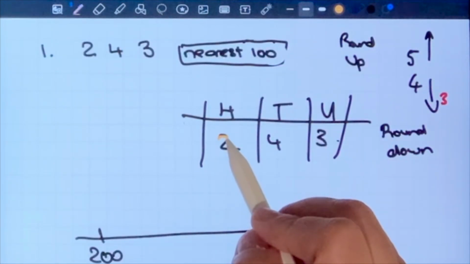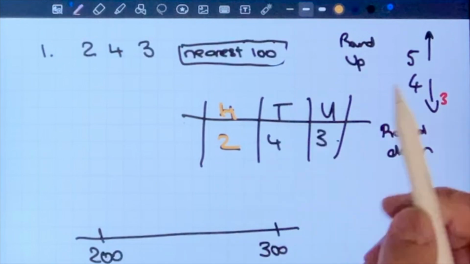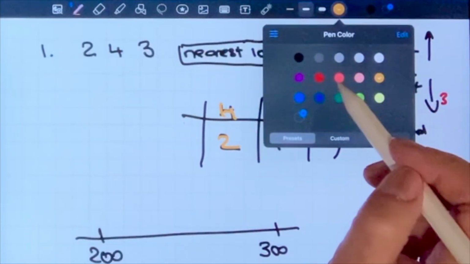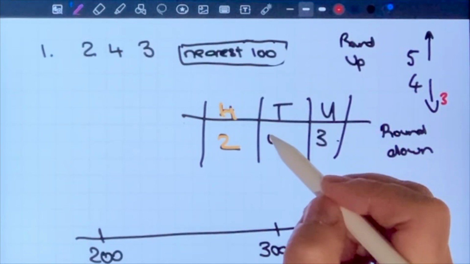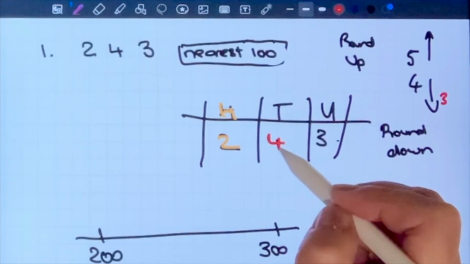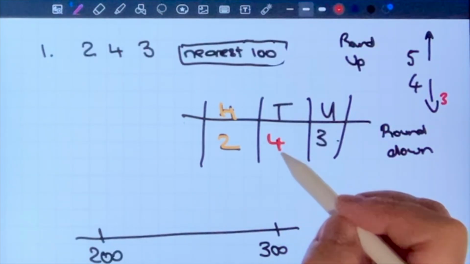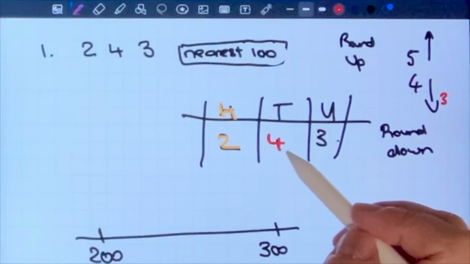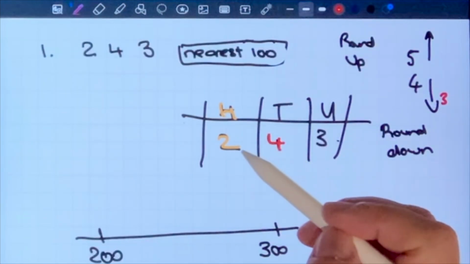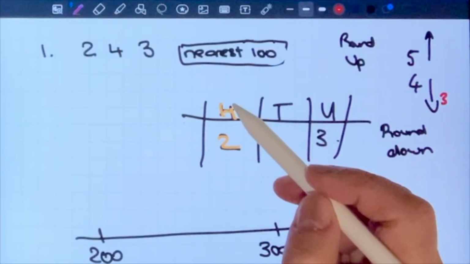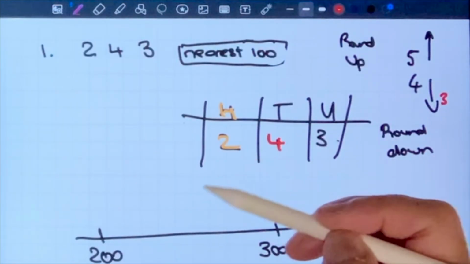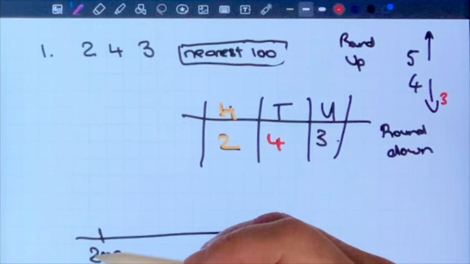So my hundreds column is here, so my critical digit is the one immediately to the right, which now is going to be the 4. So the 4 determines whether this gets rounded up to 300 or whether it gets rounded down and stays as 200.